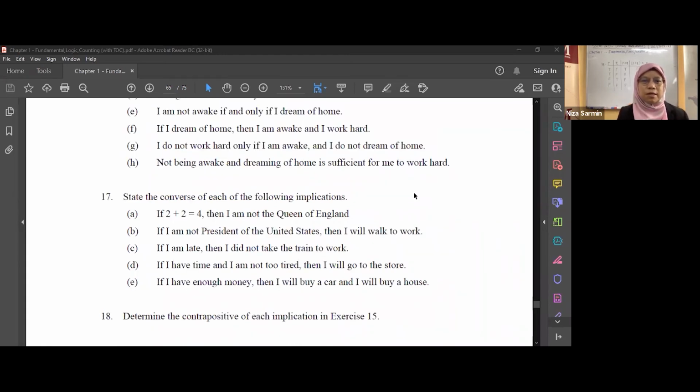Okay. 17. State the converse of each of the following implications. It's quite easy. Converse for P implies Q. What is the converse? It's just Q implies P. Okay, so for 17A, the answer would be if I am not the Queen of England, then 2 plus 2 equals 4.